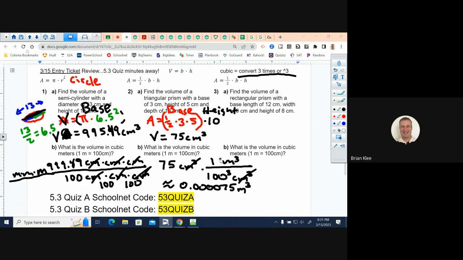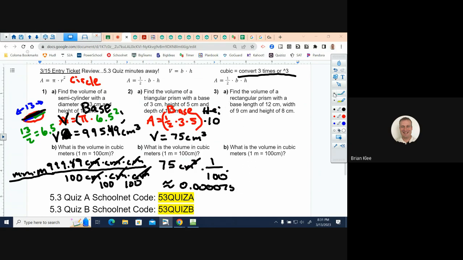If you think about it, a meter stick is as big as a yardstick, which is a little over 3 feet. If we got just 75 cubic centimeters, that's a really, really tiny space. So we should get small numbers. That should make sense. Make sure you got it written down. Go back and rewind it if you need to.